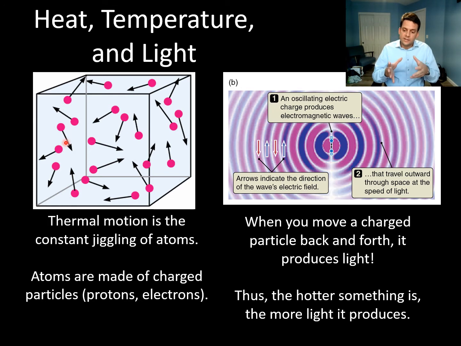And as it turns out, and I mentioned this earlier, but I want to focus on it now, when you move a charged particle back and forth, it produces light. And the frequency of that light is determined by how fast you're wiggling this particle. So if a particle is wiggling around at 10 times per second, it's going to produce light that has a frequency of 10 hertz.